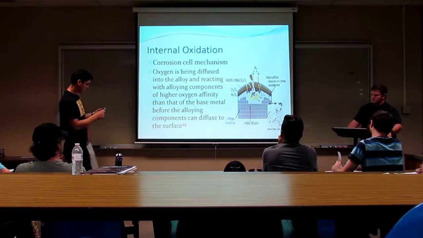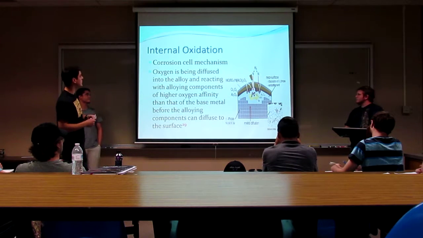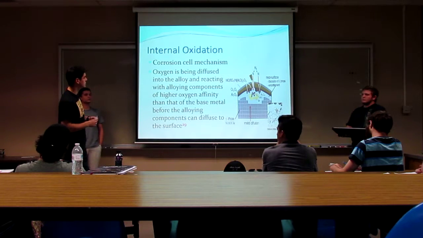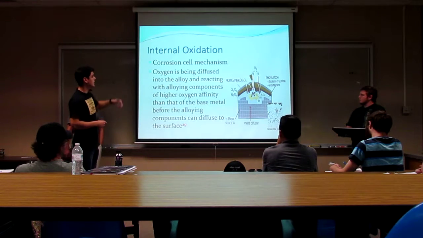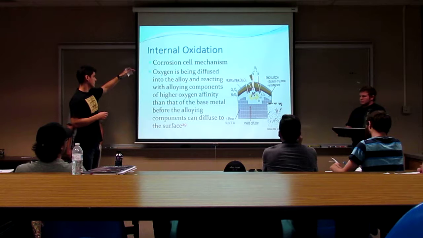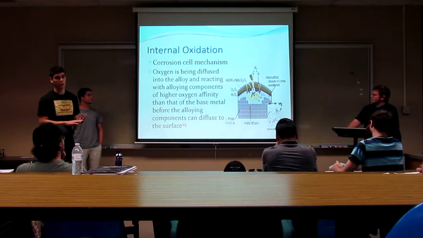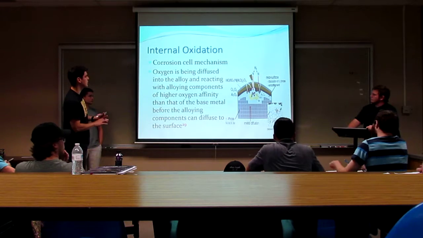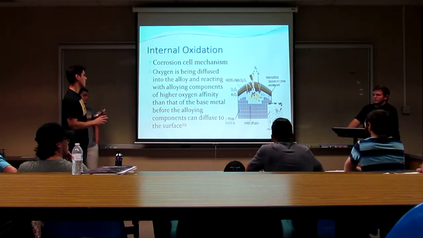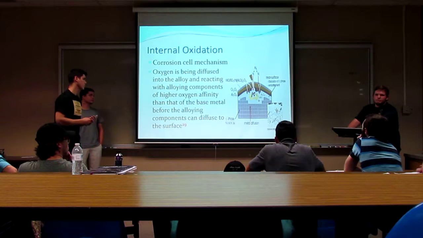In the middle, aluminum nitride and titanium nitride, excuse me. And when that nitrogen diffuses into the metal, there's a base metal and those alloying components, and those alloying components are oxidizing inside the metal structure.